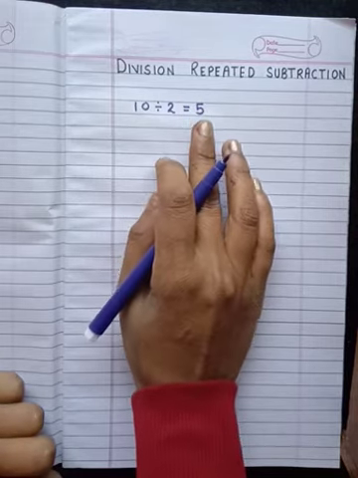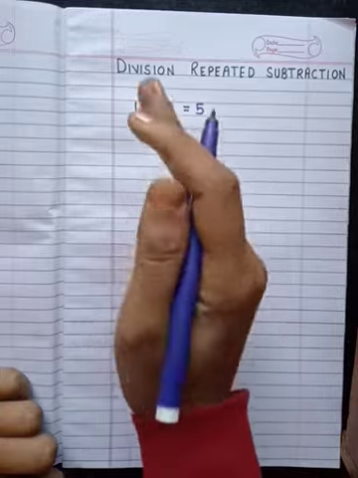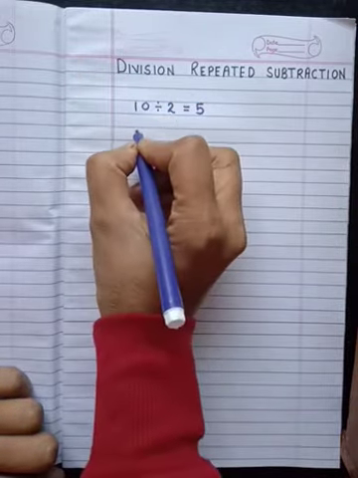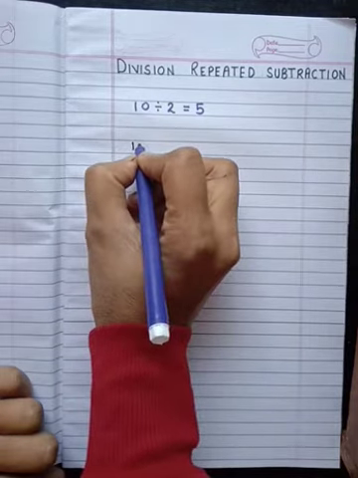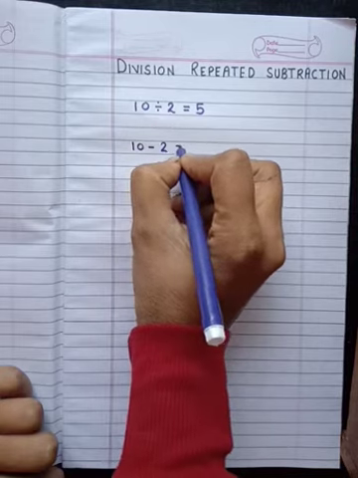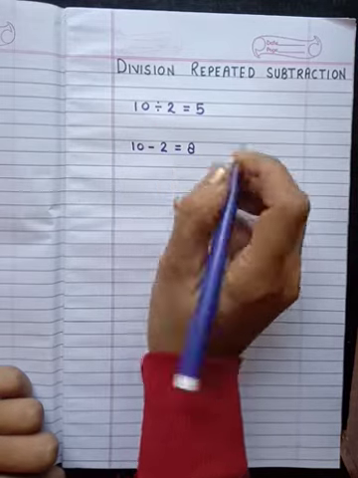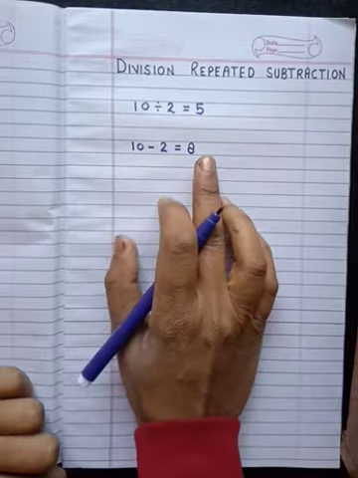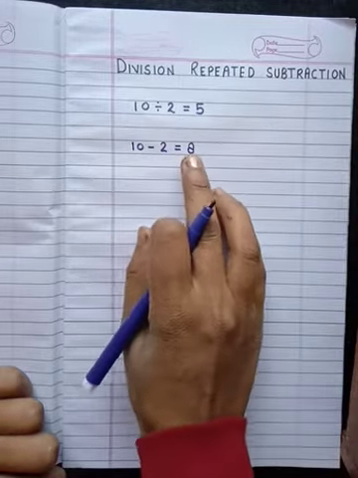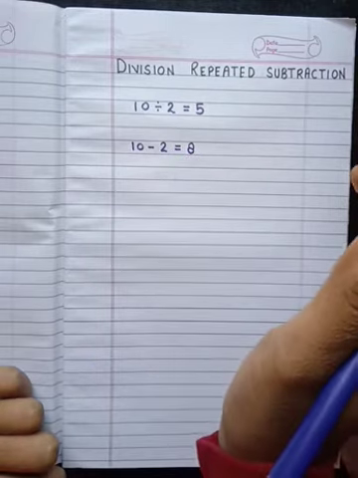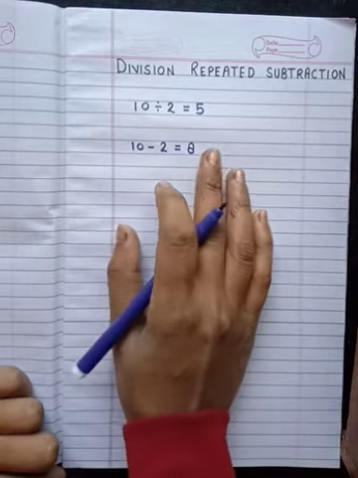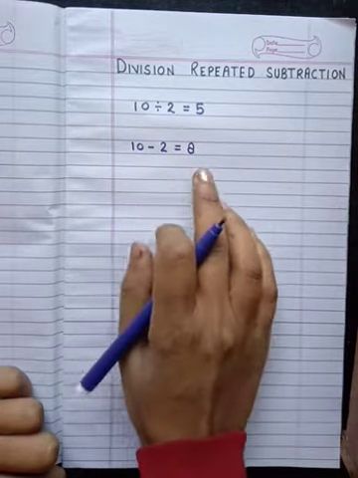Okay, so students, now what we have to do? Now we will solve it. 10 minus 2 is 8. Now whatever result we get, we will be subtracting 2 from this.